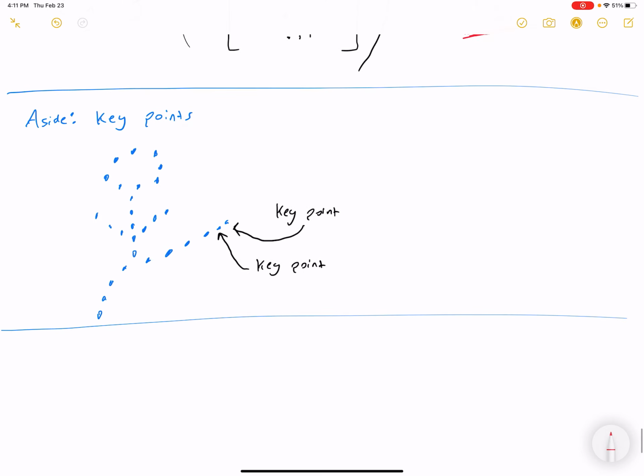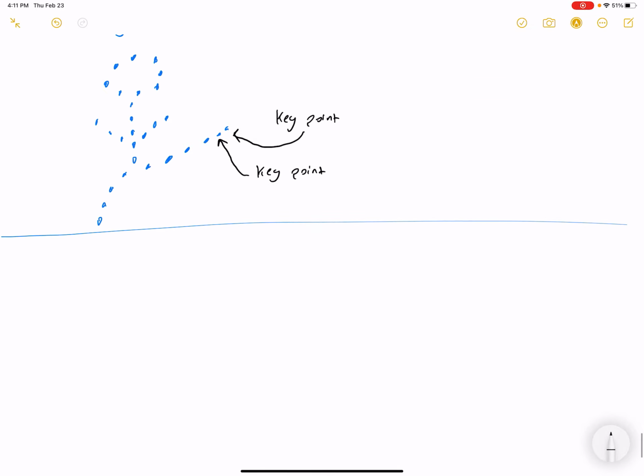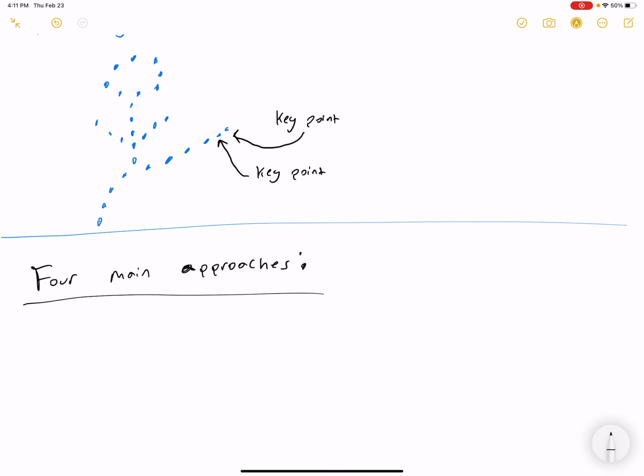So they're going to learn whatever you want, but ideally they should be able to generalize to new data. So there are going to be 4 main approaches we're going to cover in the next few classes for good feature representations.